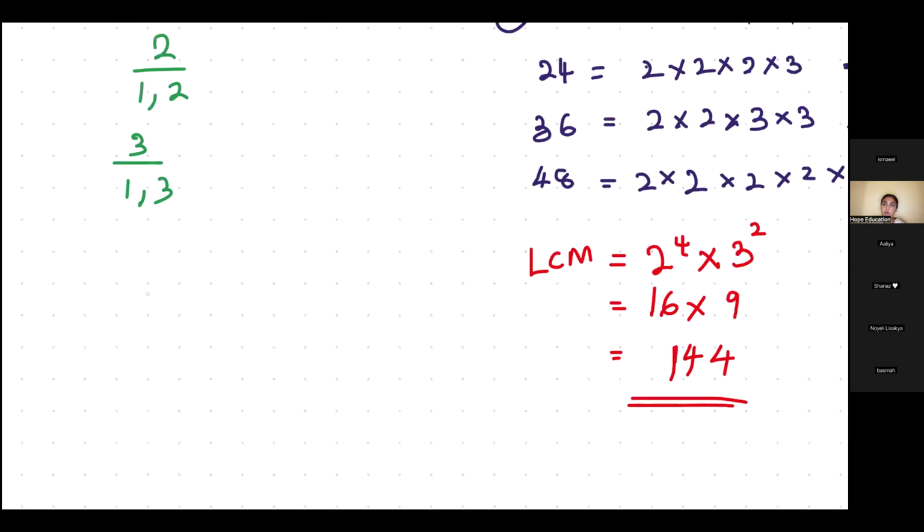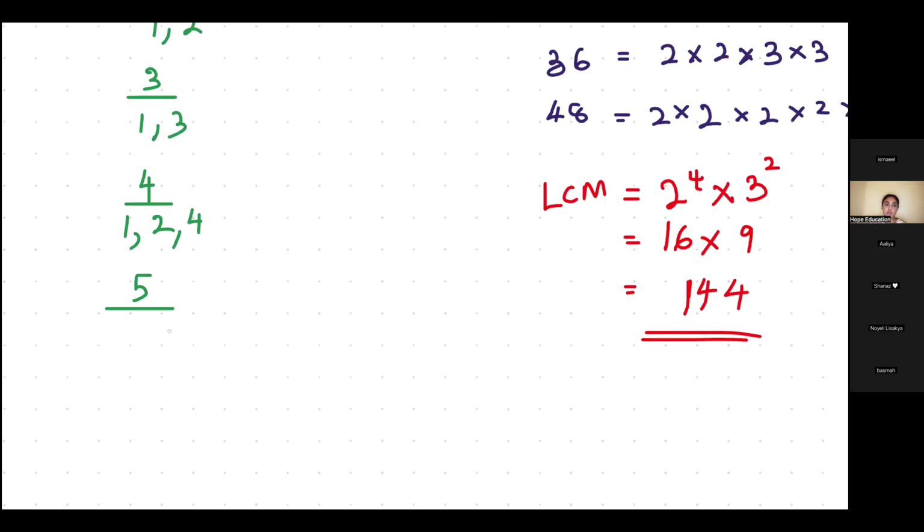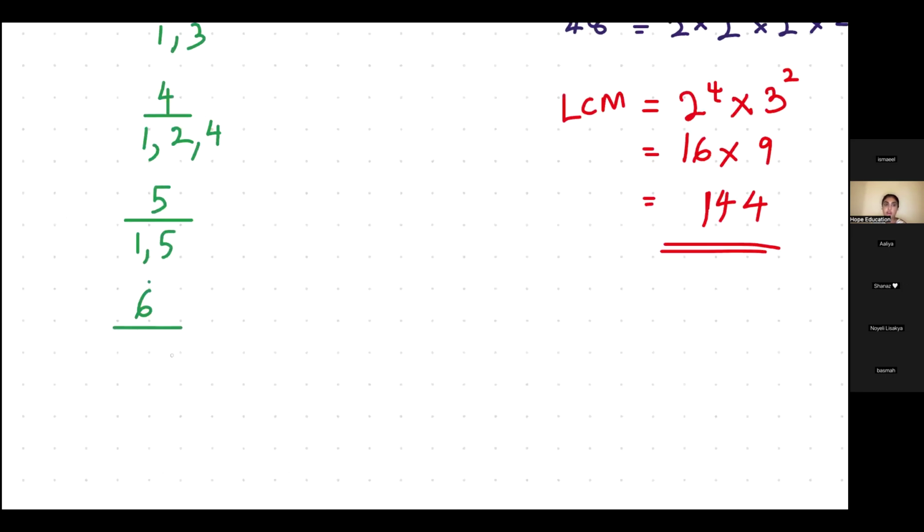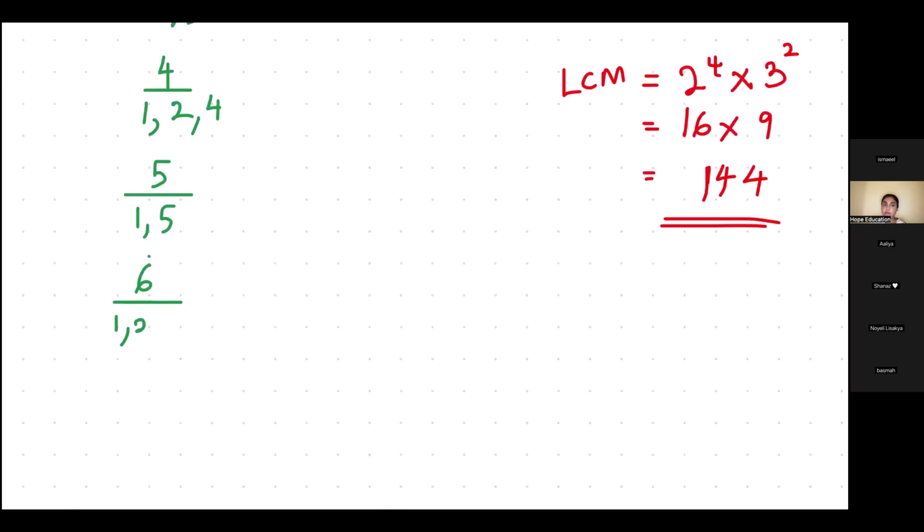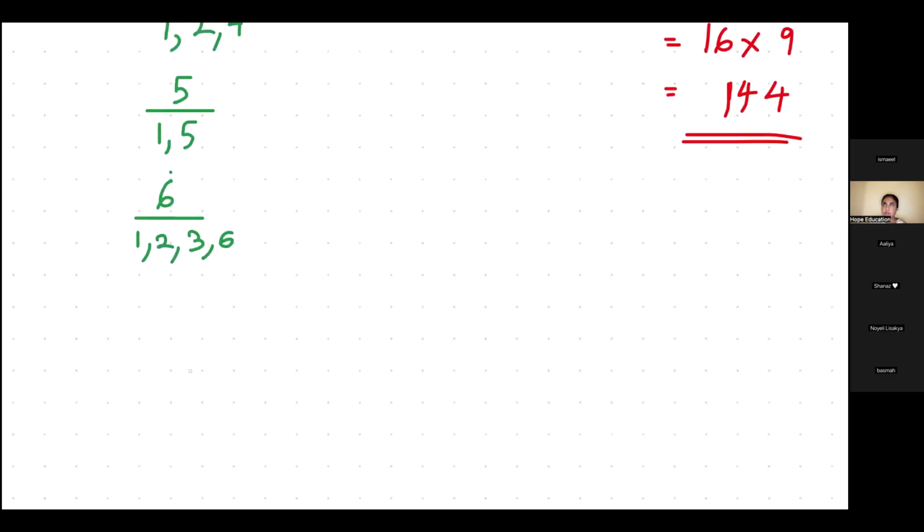If you take 4, the factors of 4 are 1, because 1 times 4 is 4, then 2, because 2 times 2 is also 4, then 4. 4 times 1 is 4. For 5, the factors are 1 times 5, so 1 and 5. 5 times 1 is 5. The factors of 6 are 1 times 6, 2 times 3, 3 times 2 is also 6, 6 times 1 is also 6. The factors of 7 are 1 times 7.